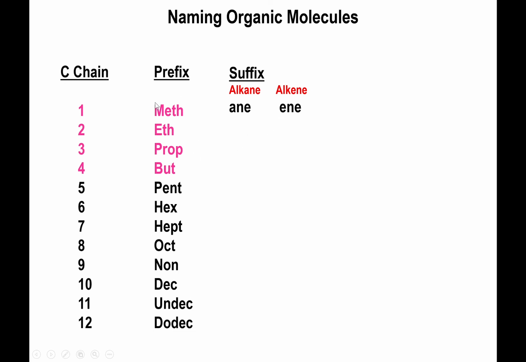Notice that I excluded meth from the name because methane is not really an alkene, because that would imply that you only have one carbon. And for you to have an alkene, you have to have a carbon-carbon double bond, which in and of itself means that you have to have at least 2 carbons. You cannot have an alkene with just 1 carbon.